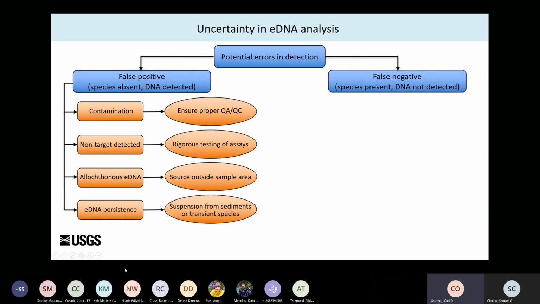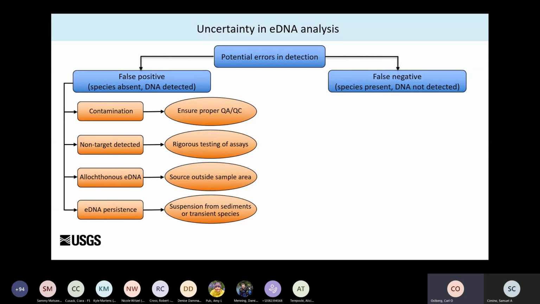And then lastly, eDNA from a target species could persist in the environment, although the target species isn't actually present in the environment at the time of the sampling. This could happen if the target species recently passed through the area, or if eDNA that's settled into sediments becomes resuspended into the water column after events like flooding or storms that might stir up sediments.